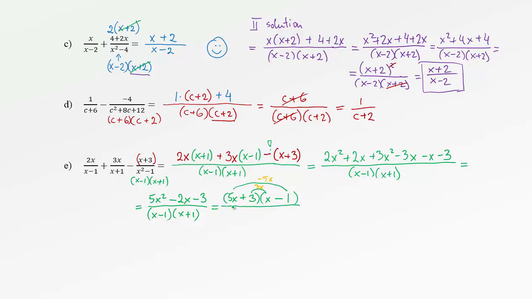Everything over x minus 1 and x plus 1. As you observed, we could reduce x minus 1 with this x minus 1, and the overall answer is a lot shorter, 5x plus 3 over x plus 1. So yes, it's done. Make sure you practice some more questions from the textbook.